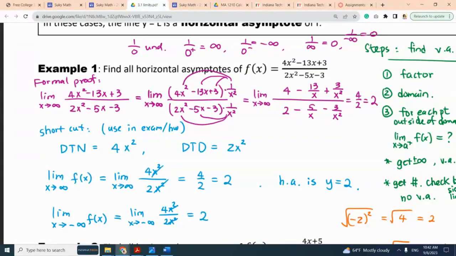So you're only left with 4 over 2, which is 2. This is the formal proof. But to make things easier, I made this shortcut proof, so you can use it in the exam or homework. You don't need to write about the lower terms. Just look at the dominant terms. But this is the formal proof.